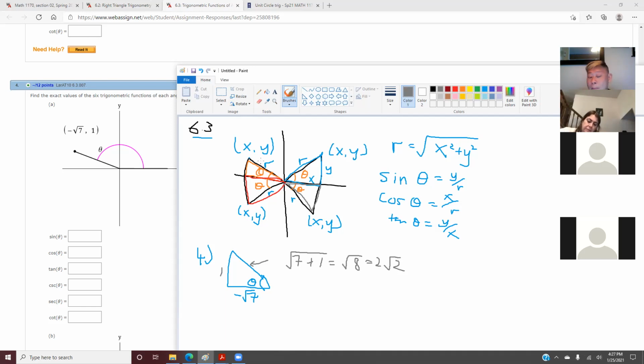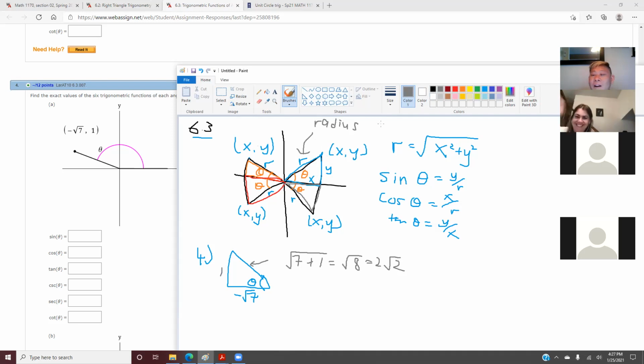And why do we mark this as r? Anyone know what r symbolizes here? Why do we give a name r here? It should start with the letter r. If I draw a circle, what do we call that? It's the radius.